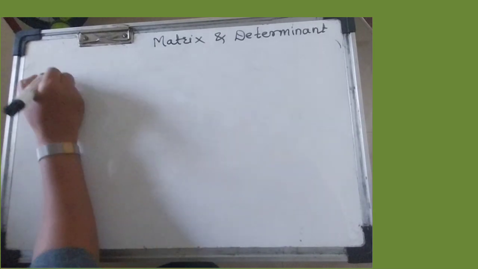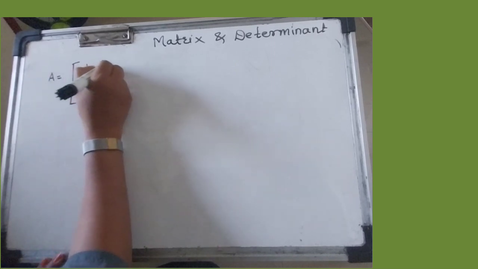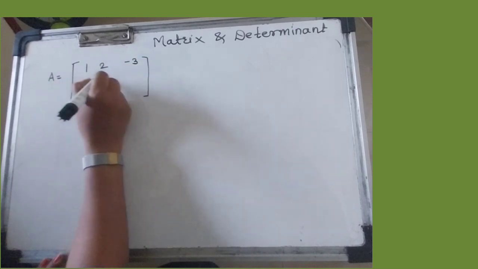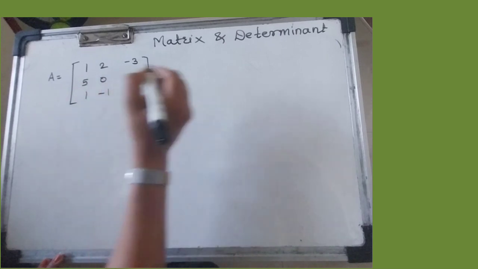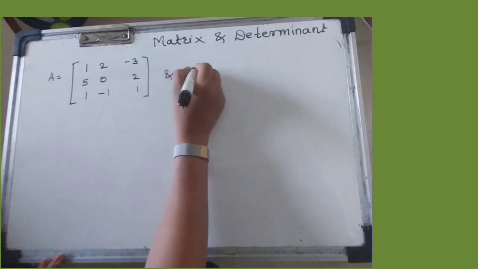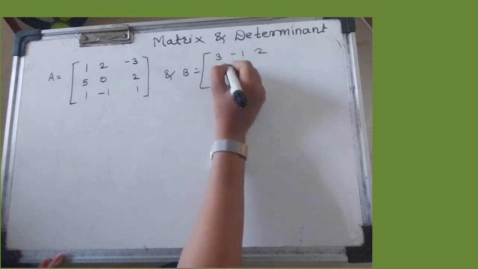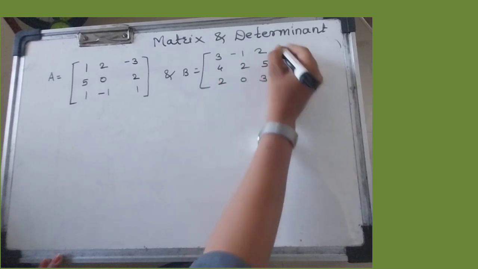See, if the given A equals [1, 2, -3; 5, 0, 2; 1, -1, 1] and B equals [3, -1, 2; 4, 2, 5; 2, 0, 3].